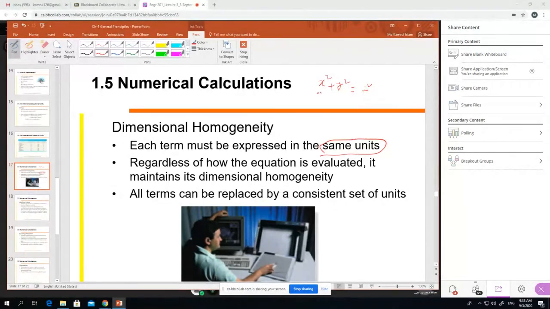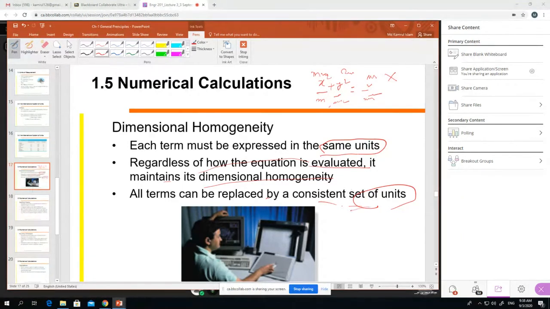Now if x is in meter, y must be in meter and z must be in meter. It cannot be like you write down x millimeter, y centimeter and z meter. It cannot happen. That is what we are telling here, right? Regarding how the equation is evaluated, it maintains the dimensional homogeneity. Its terms can be replaced by a consistent set of units.